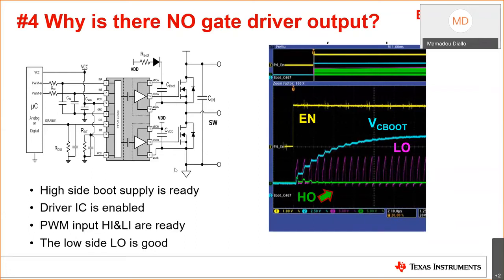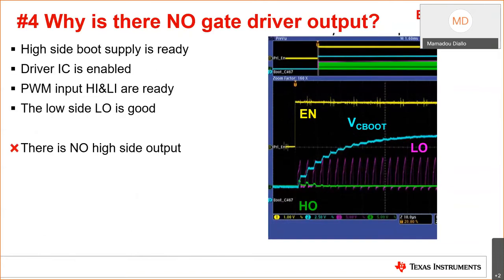Really, if you notice here, look at the LO channel, for example. This is switching right away because we already have sufficient bias above the UVLO threshold. Notice that the LO input is enabled well before the HVHS supply reached the UVLO rising threshold.